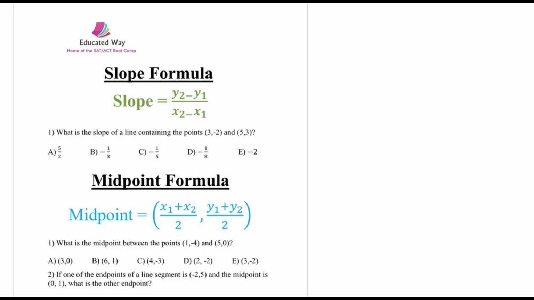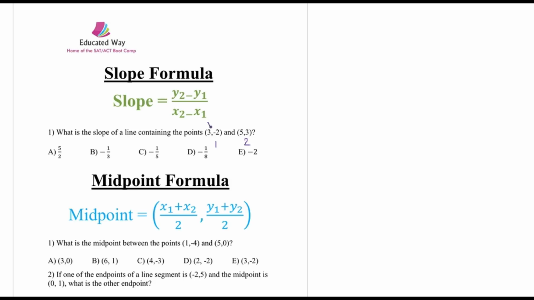The slope formula: y2 minus y1 over x2 minus x1. Remember, the y's are always on top. Looking at number 1. What is the slope of a line containing the points 3, negative 2, and 5, 3? Let's call this point 1 and this point 2.